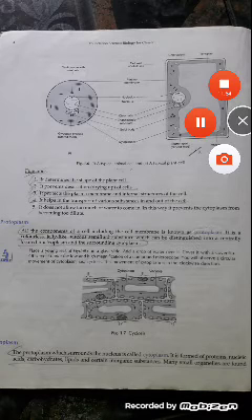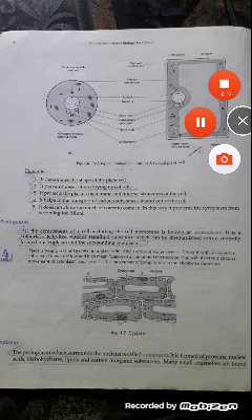The outer membrane is smooth and the inner membrane is pushed inward at intervals, forming crests, also called cristae. The cristae lie in a ground substance called matrix.